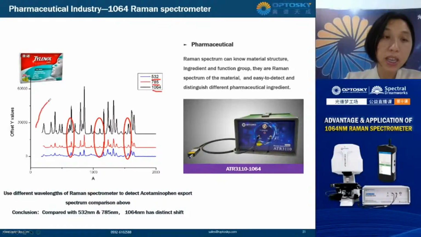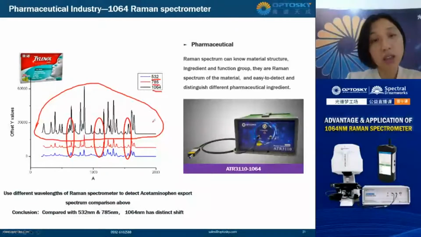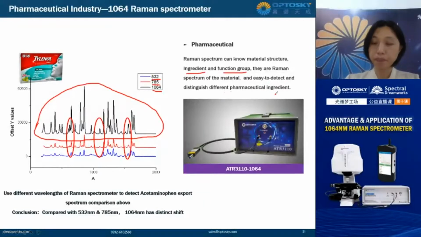We can see the 1064 Raman spectrum is vivid, and for pharmaceuticals the Raman spectrum can tell us the ingredients and functional groups. They are Raman spectra of a material, easy to detect, and can distinguish different pharmaceutical ingredients.